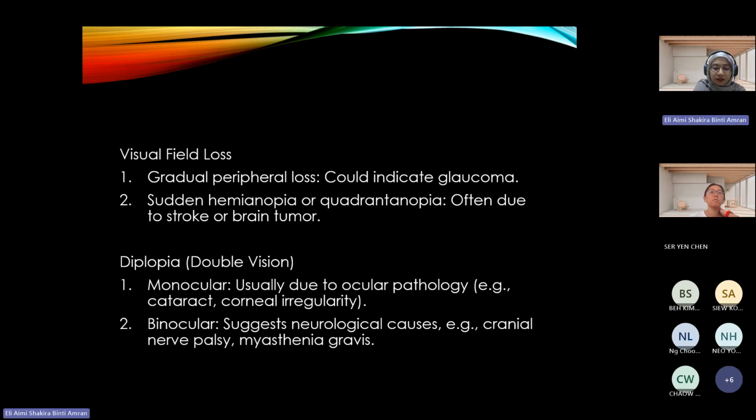Right. Next is diplopia or double vision. Okay, it can be monocular. If monocular, it can be caused by cataract or corneal irregularity. If binocular, it can be neurological causes, such as cranial nerve palsy or myasthenia gravis.